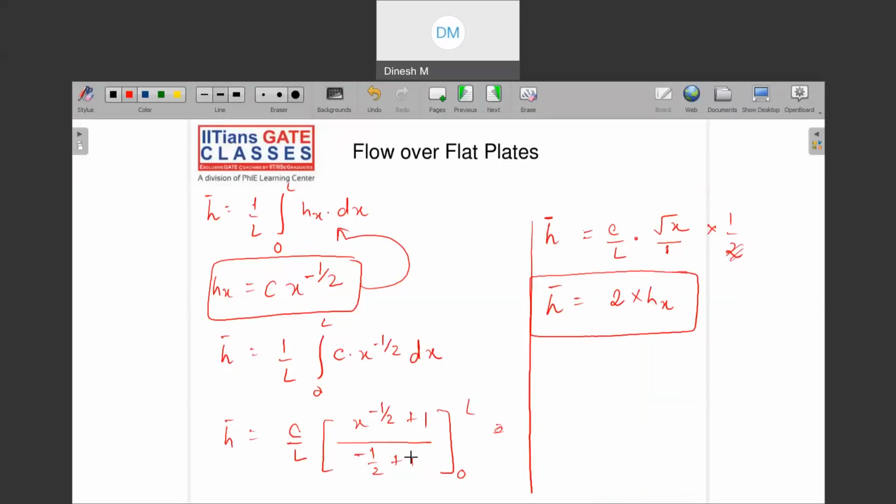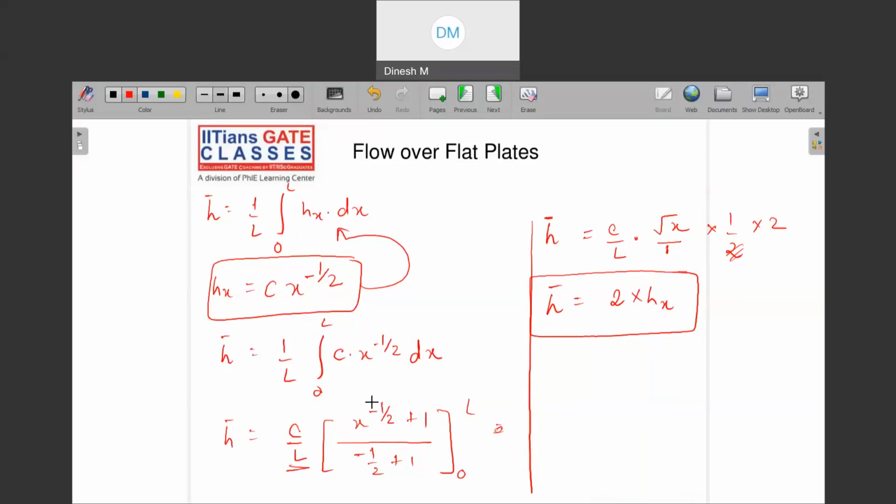No, this is minus 1 by 2, no? So minus 1 by 2 plus 1, this will go in the numerator. And what about this one? Minus 1 by 2 plus 1, this is plus 1 by 2, so root x. And what about root x? You will put x is equal to L, yes or no?